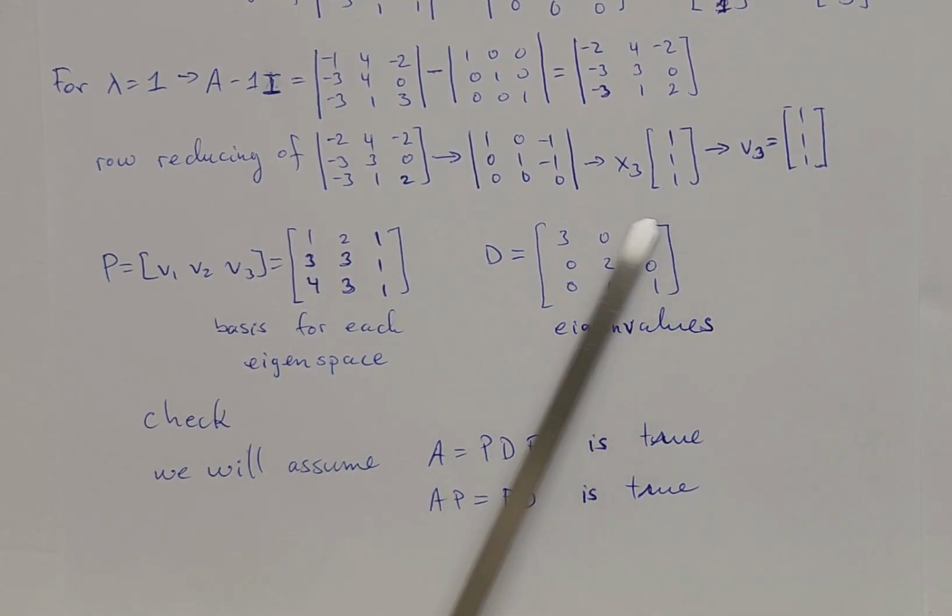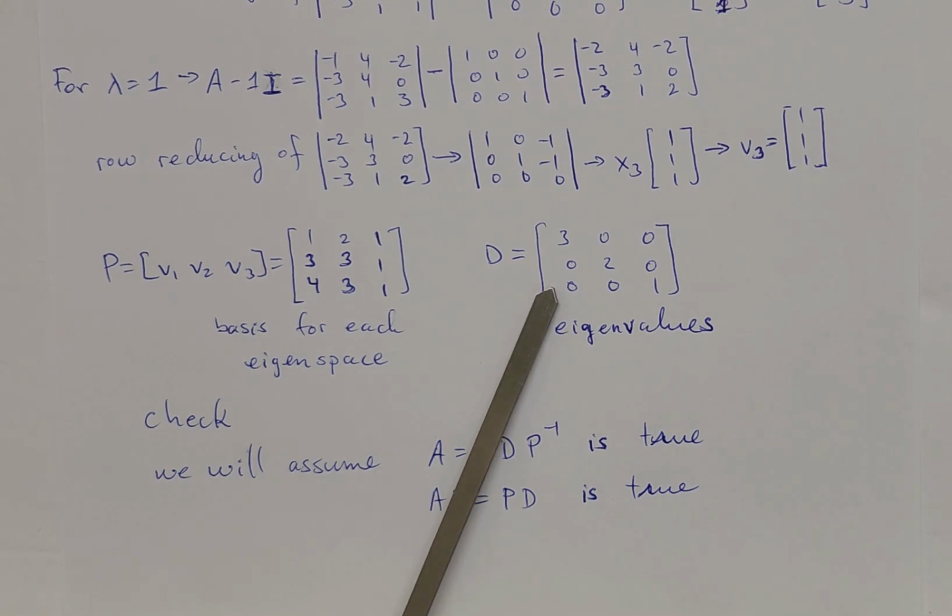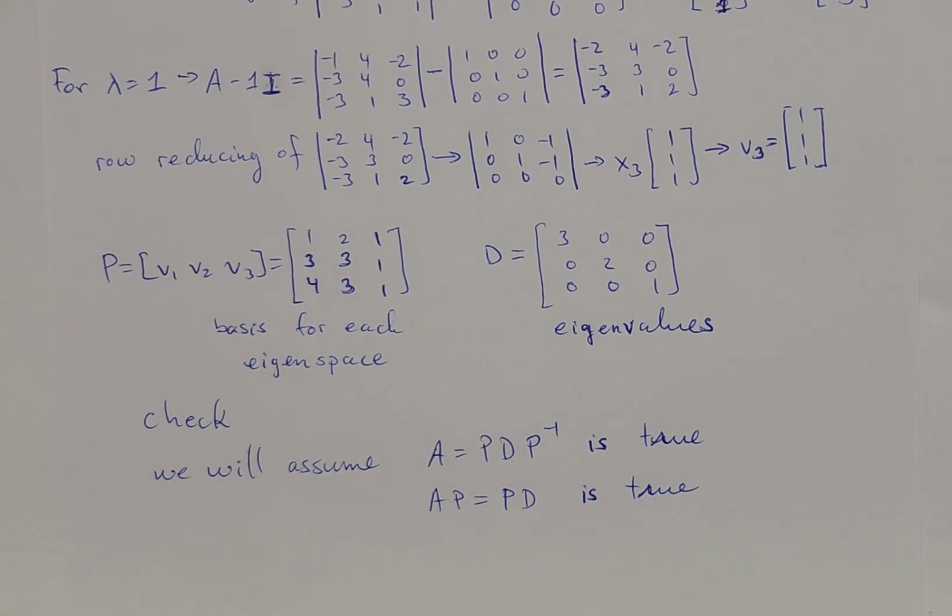The D matrix is the eigenvalue only. One more time, the P matrix is the vectors that belong to the eigenvalue, okay? And the D matrix is only the eigenvalues, okay?